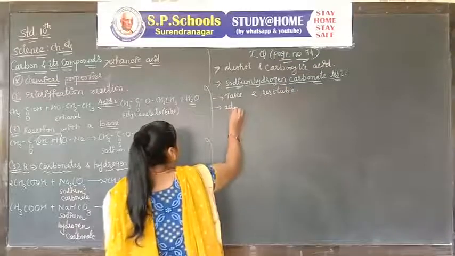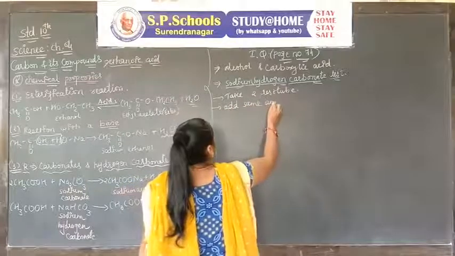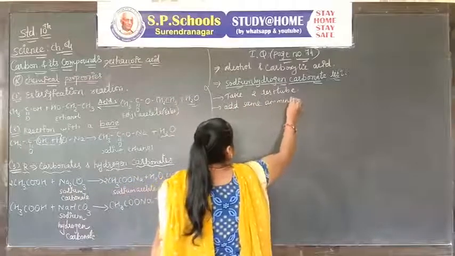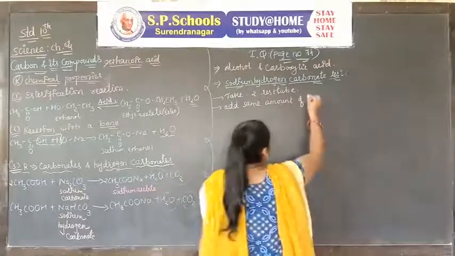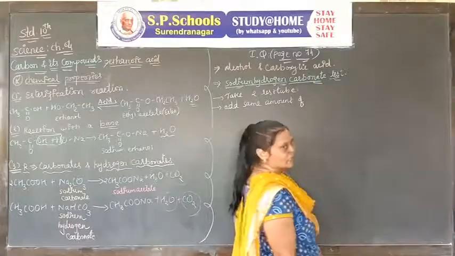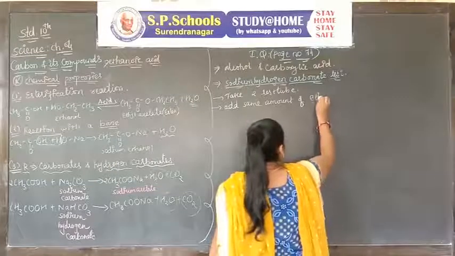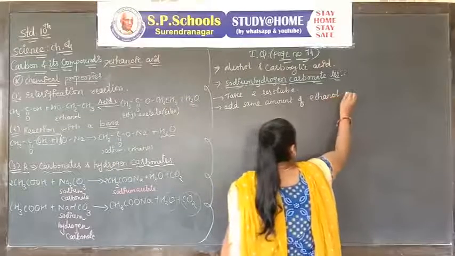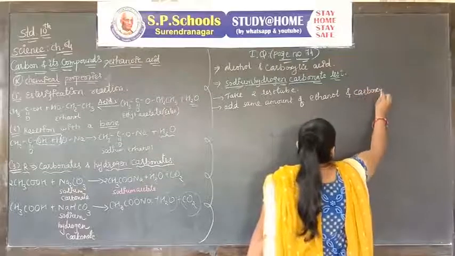Add the same amount of ethanol in the case of alcohol, and carboxylic acid.